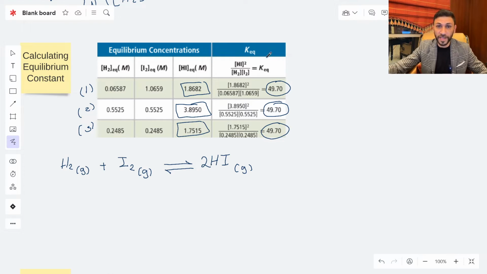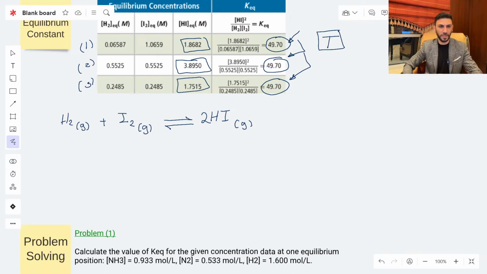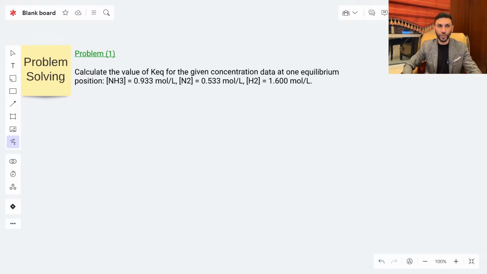The only thing that changes this value of KEQ is when you change the temperature. So the equilibrium constant at a given temperature is always constant, as you can see for all reactions.